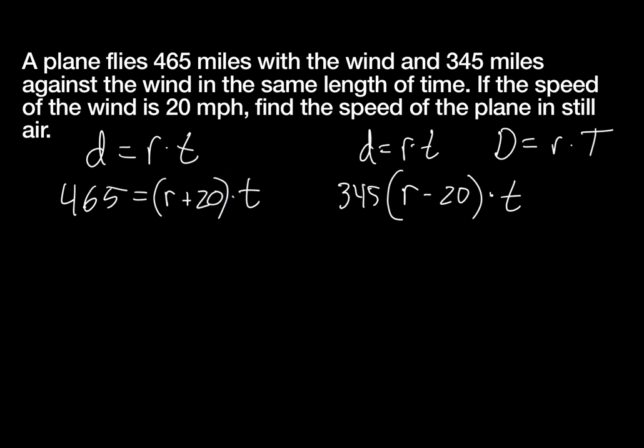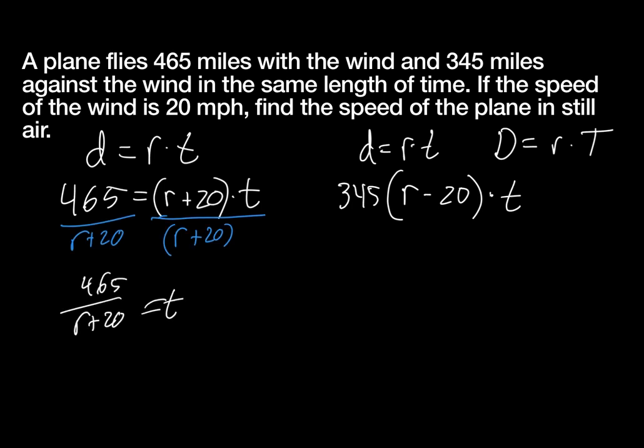So to solve this problem, I'm going to divide both sides by that. So I'll have t equals 465 over r plus 20. Over here, where's my equal sign? I didn't draw it in there. Apologize on that. The equal sign is right here. 345 equals. Divide both sides by r minus 20.